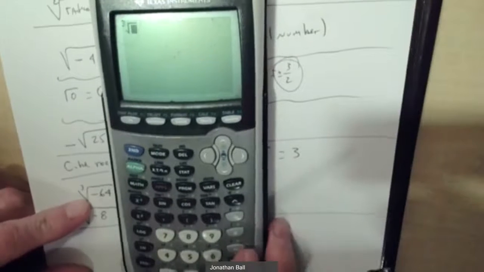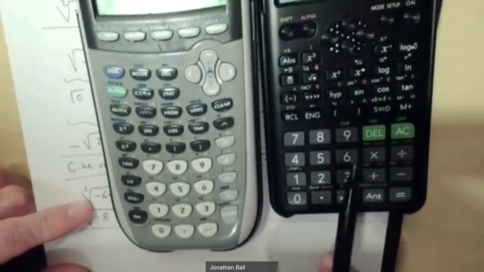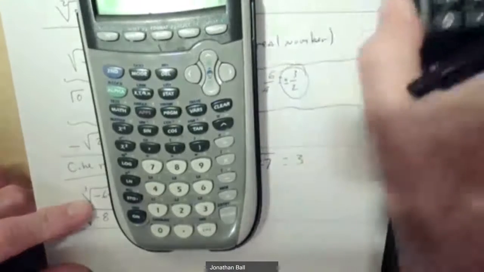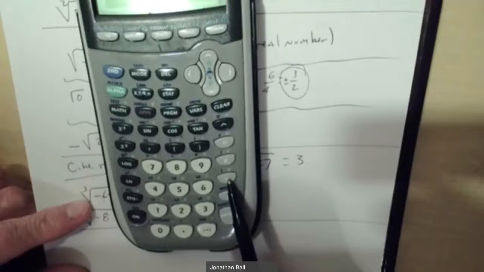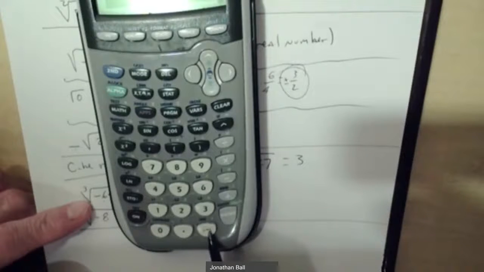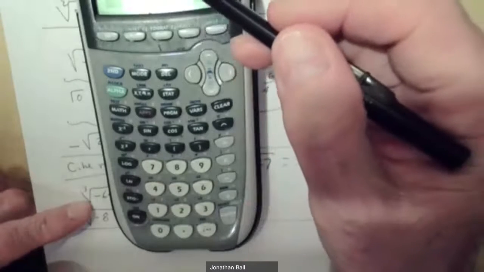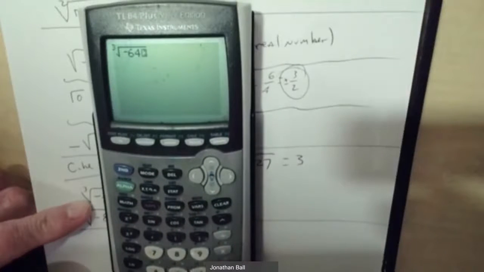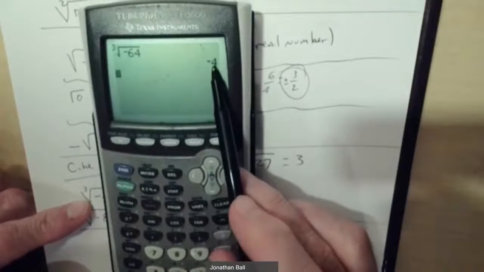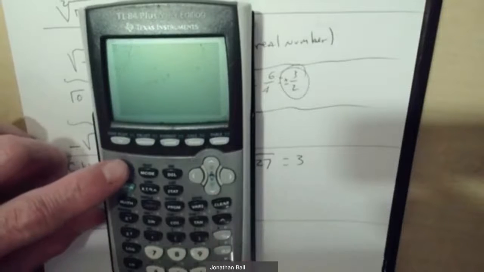Now this little calculator does not make a distinction between subtract and negative. The big calculator does. If you put in this thing, you're going to get a bad answer, undefined or something. But here's the negative key. Negative 64. And again, before you leave this screen or hit enter, make sure you entered it right. And hit equals, and we get negative 4. Okay, so we clear and turn it off.